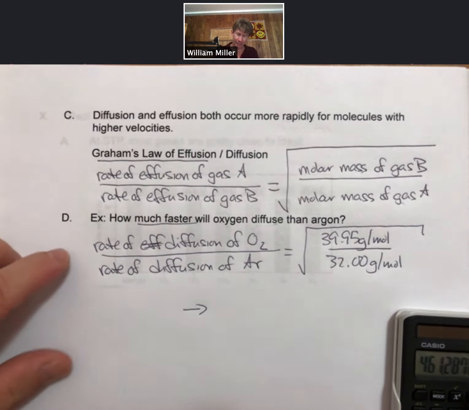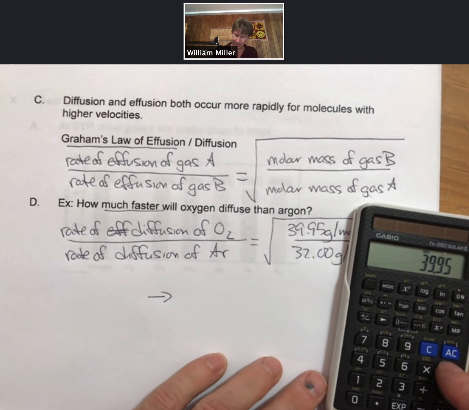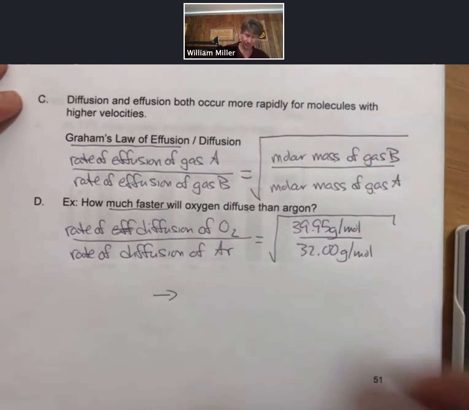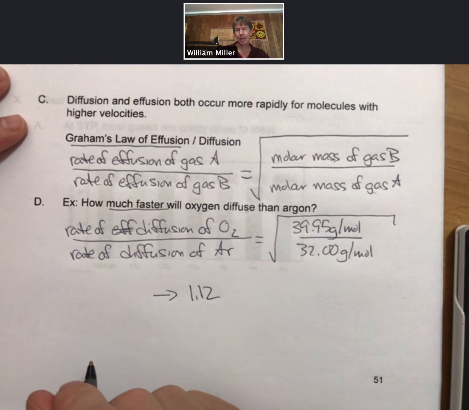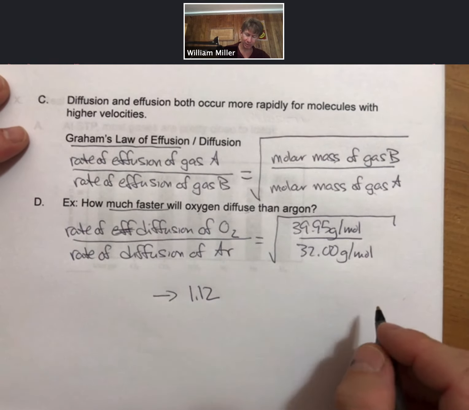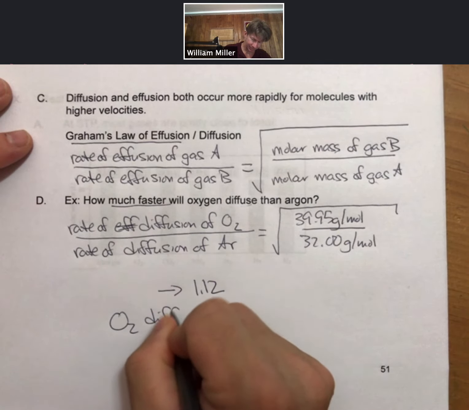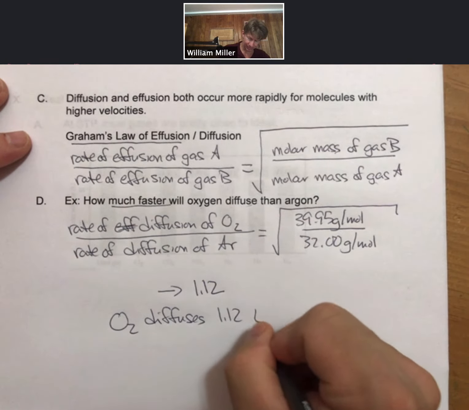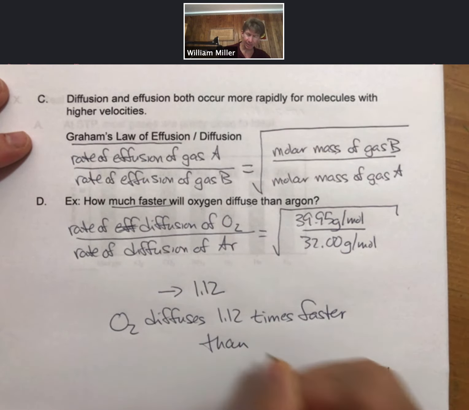Let's divide this out: 39.95 divided by 32, square root it. 1.12 is the numerical answer, and it has no units. So the answer would be that oxygen diffuses 1.12 times faster than argon.